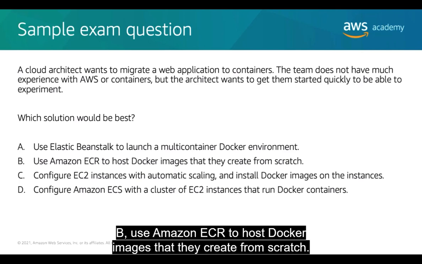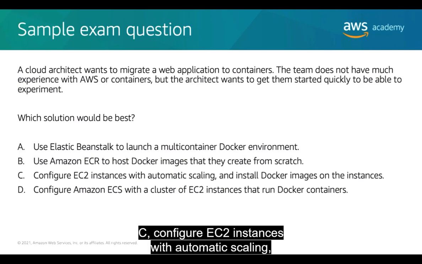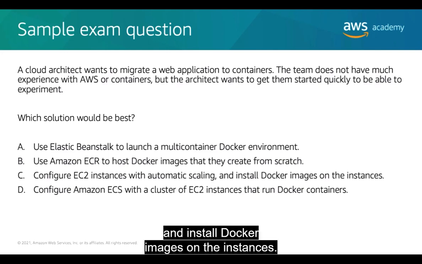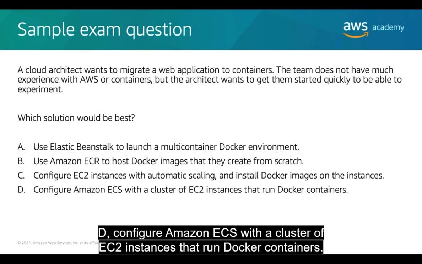B, use Amazon ECR to host Docker images that they create from scratch. C, configure EC2 instances with automatic scaling and install Docker images on the instances. D, configure Amazon ECS with a cluster of EC2 instances that run Docker containers.